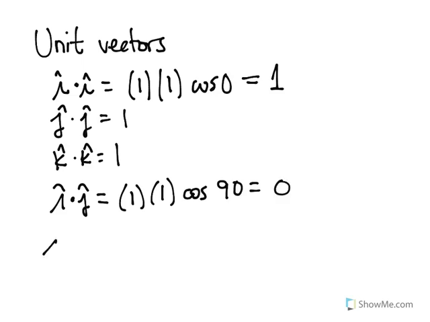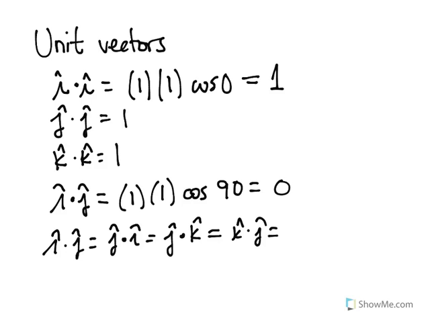And the same happens if we have J dot I, or J dot K, or K dot J, or I dot K or K dot I, and this is equal to 0.